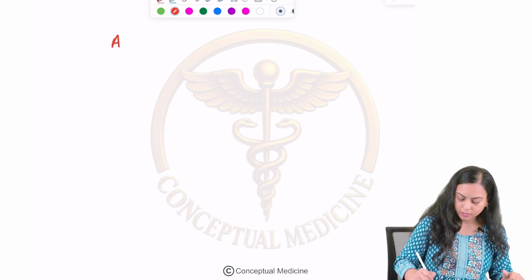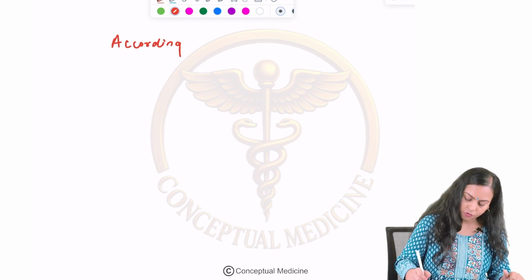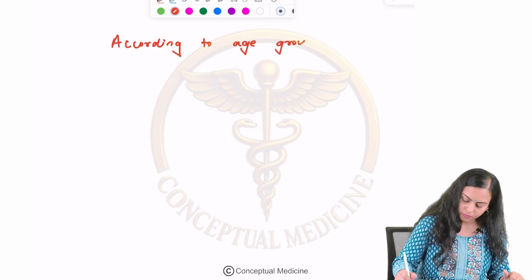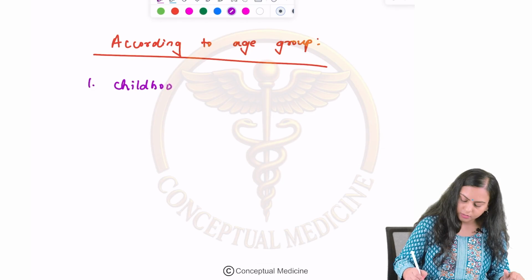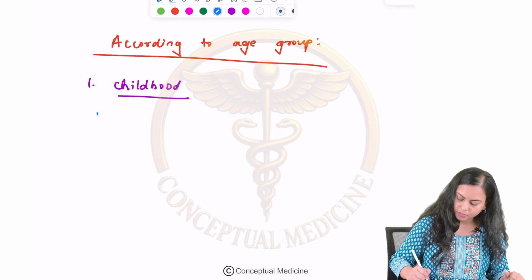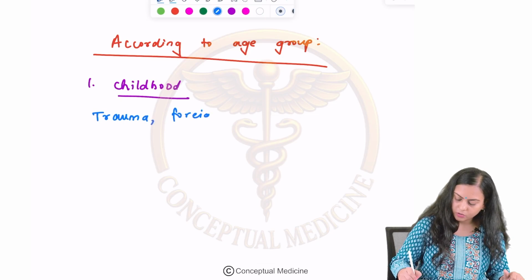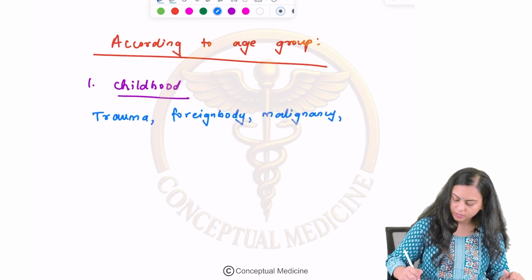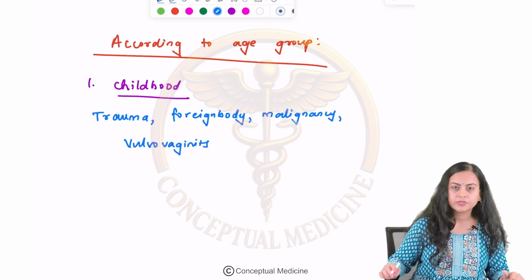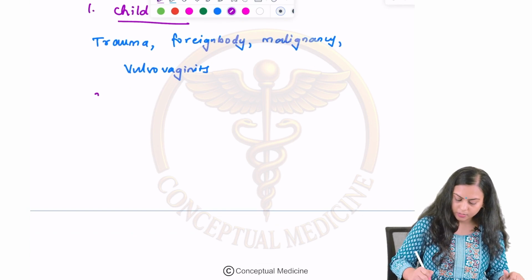So according to the age group, in childhood, the causes of AUB include trauma, foreign body, malignancy, and vulvovaginitis.